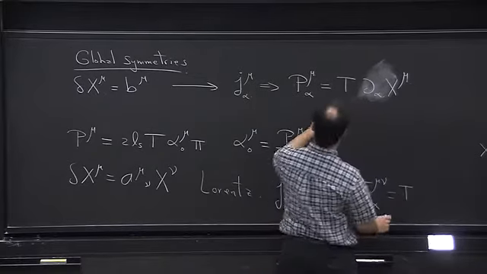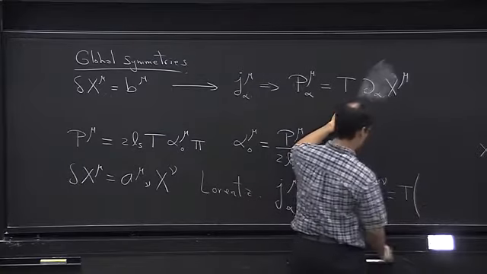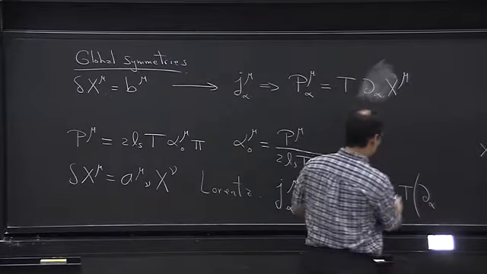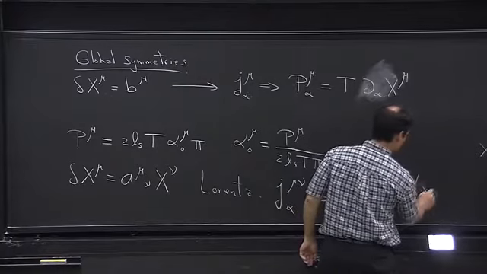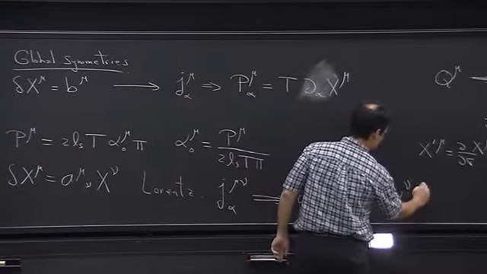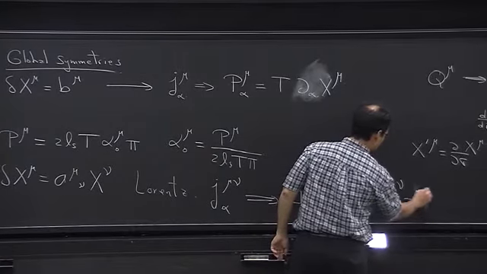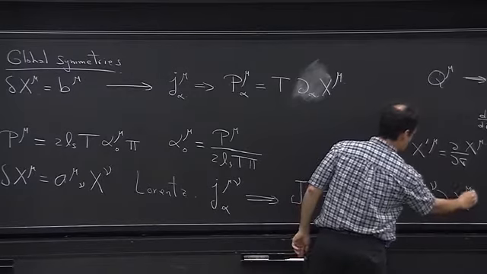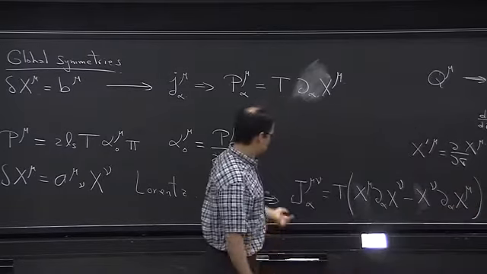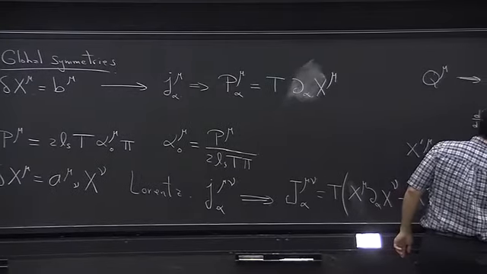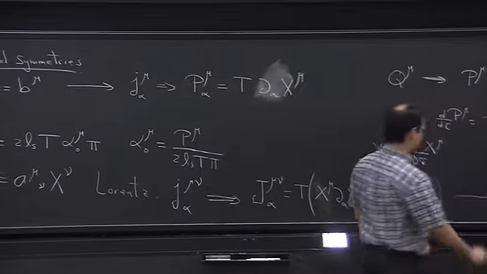And you will find that they are given by something that looks like x mu del alpha x nu minus x nu del alpha x mu. Okay? And then following the same idea, you can compute the conserved charges.